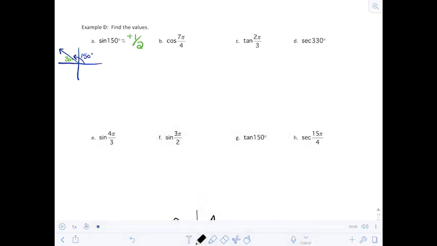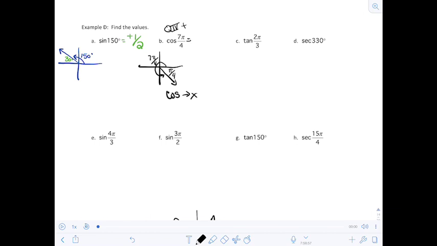The cosine of 7 pi over 4. Where is that? 7 pi over 4 is really close to 8 pi over 4, which is 2 pi, all the way around the circle. So 7 pi over 4 is down here in the fourth quadrant. So my reference angle is pi over 4. The cosine in quadrant 4 is going to be positive. Cosine is related to x.